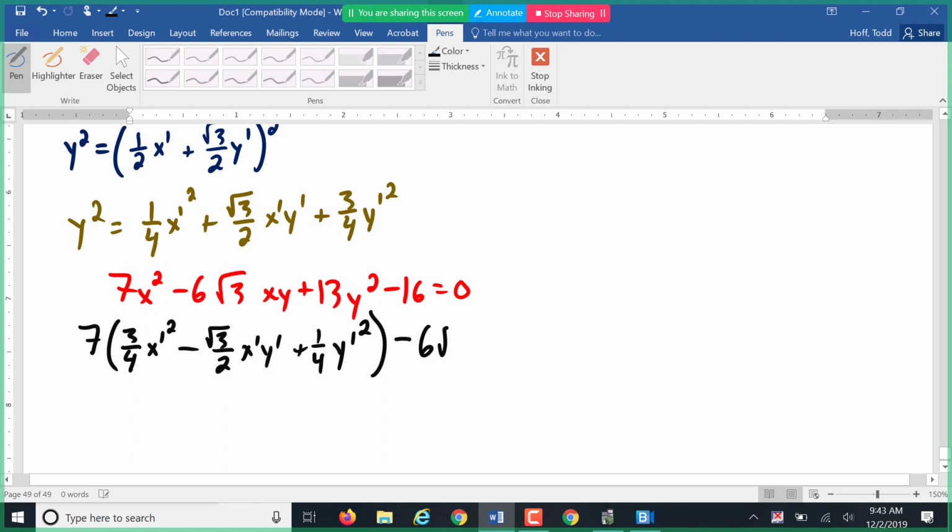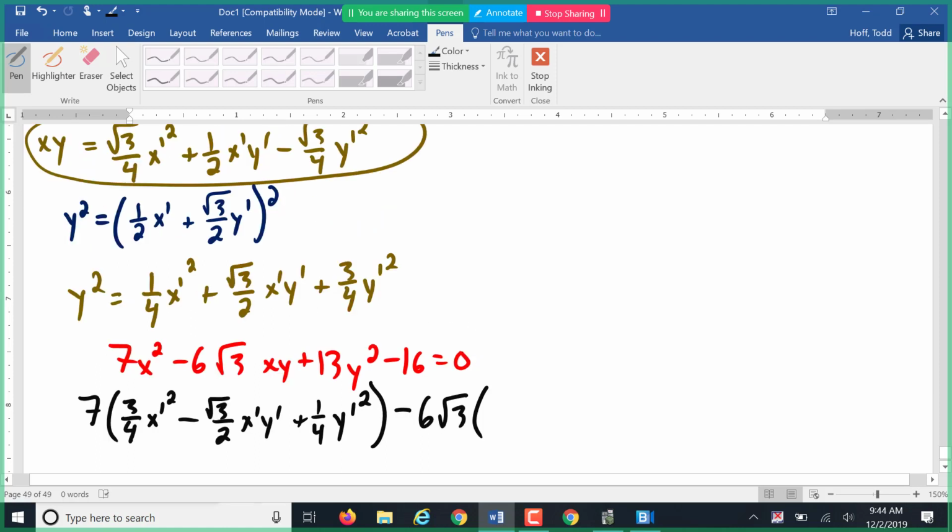Minus 6 times the square root of 3 times xy, which is right here, square root of 3 over 4 x prime squared plus 1/2 x prime y prime minus square root of 3 over 4 y prime squared.